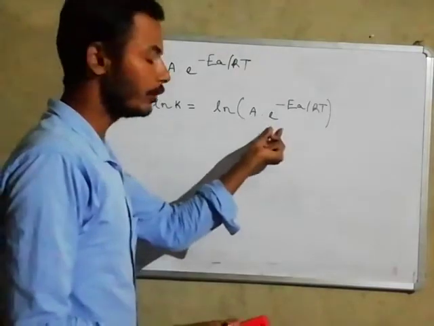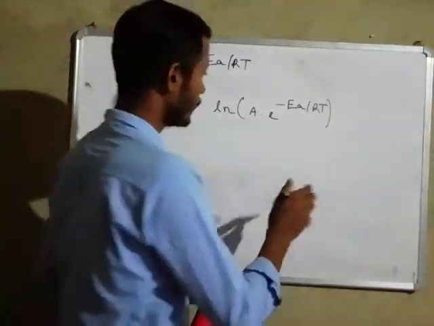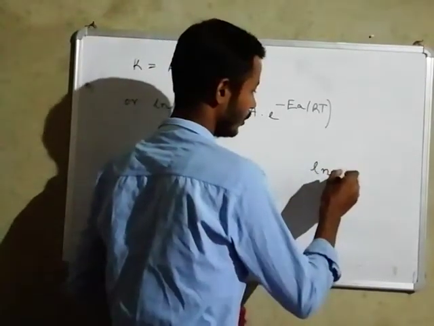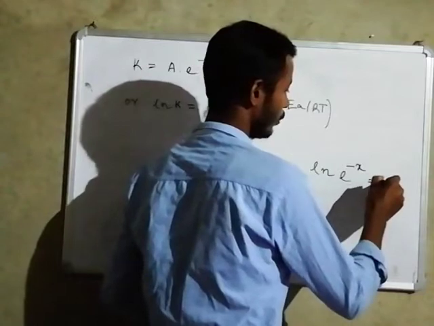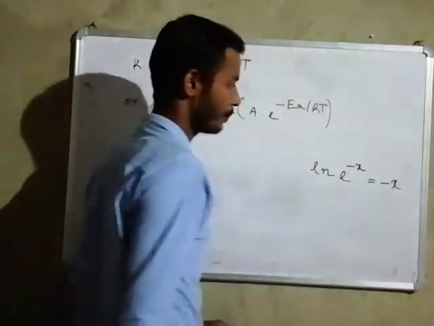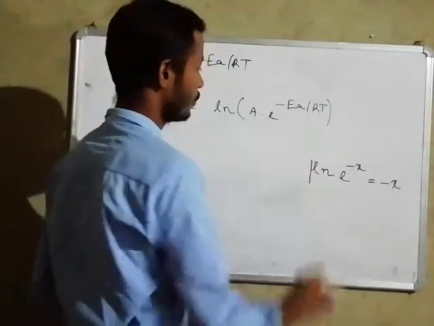Log of A into B means log of A plus log of B. Here, there is a statement: ln e to the power minus x is equal to only minus x. So you have to apply this here.